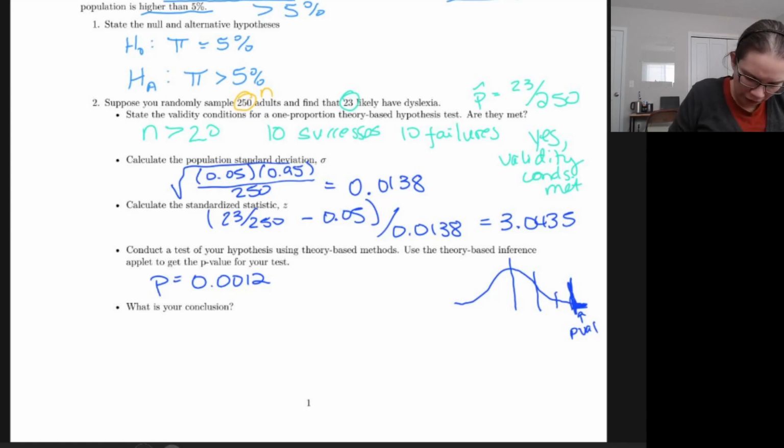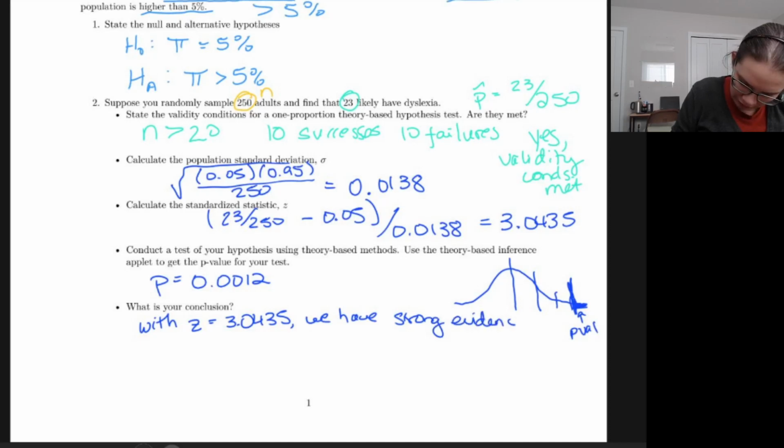So the conclusion is that with z equals 3.0435, we have strong evidence to reject H naught that pi is equal to 0.05.